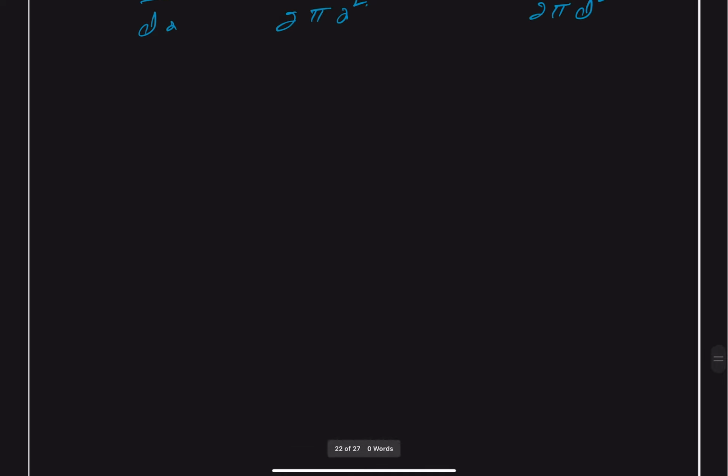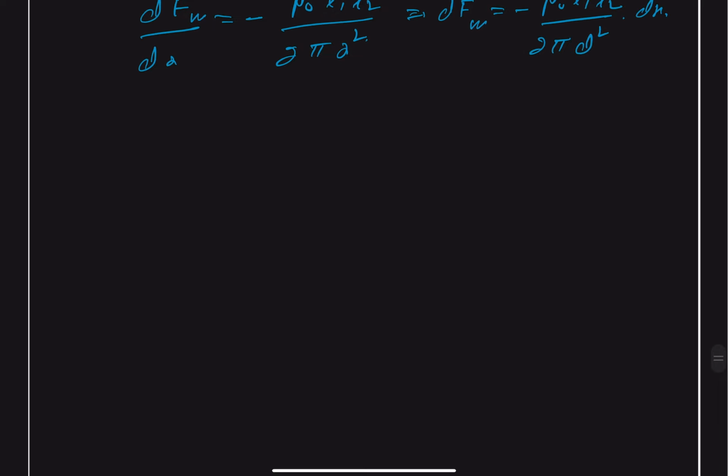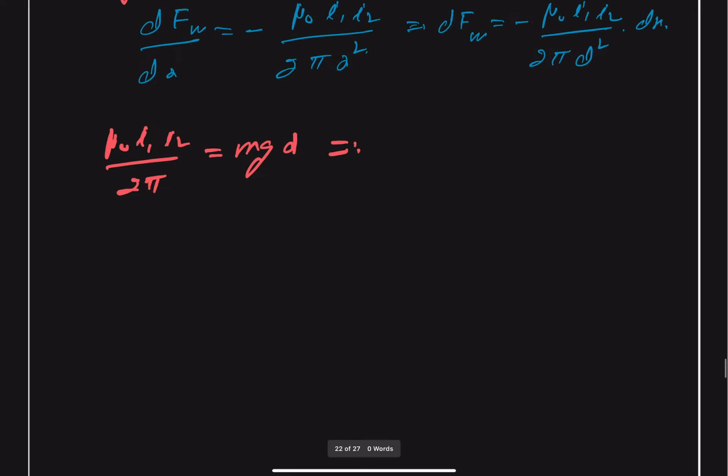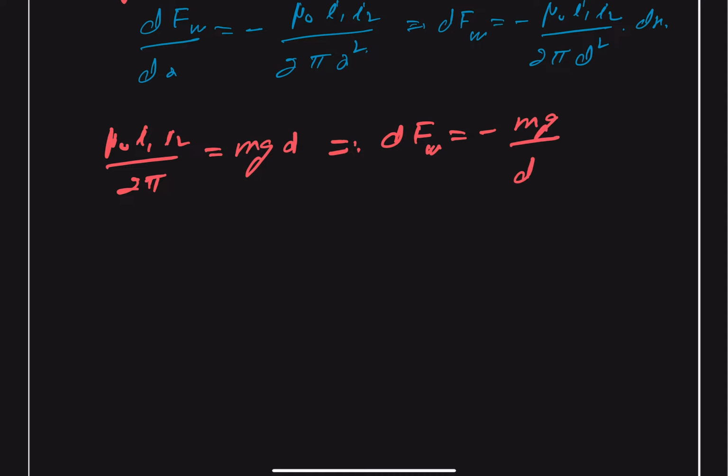Once again, we know that mu naught I1 I2 upon 2 pi is equal to mg d. Therefore, we can write that dFm is equal to minus mg upon d multiplied by dx.